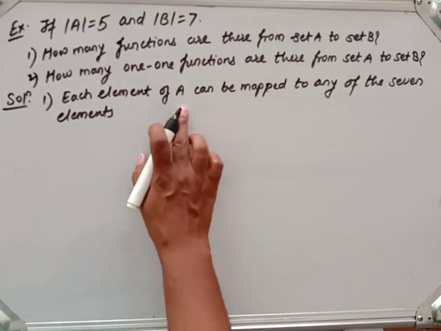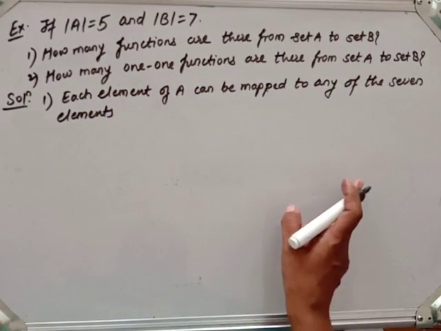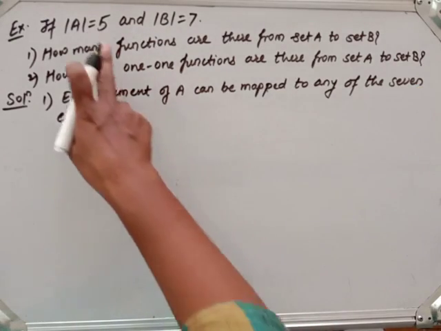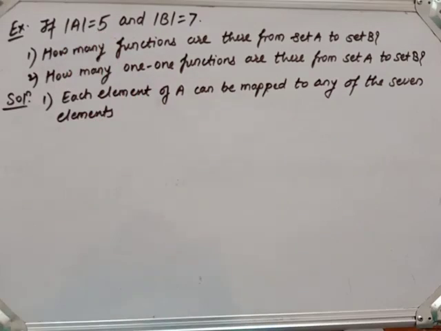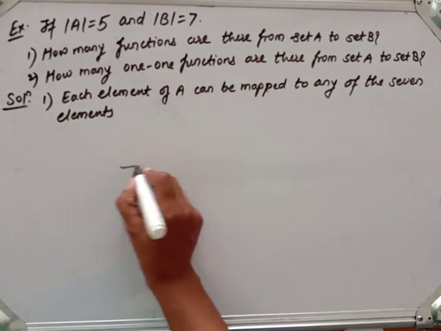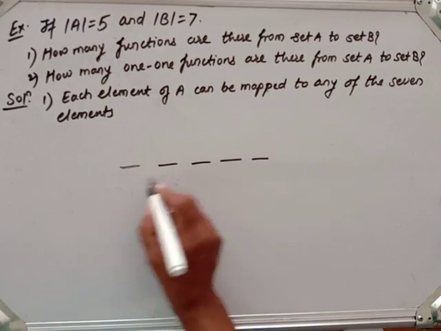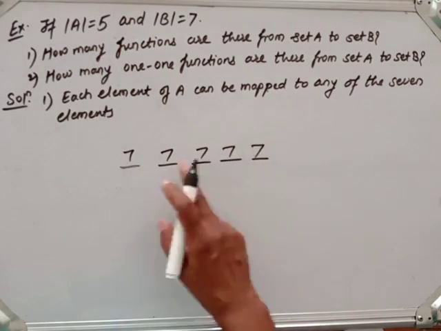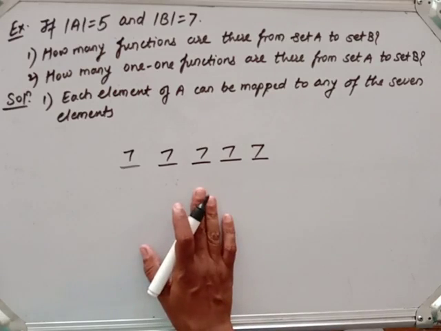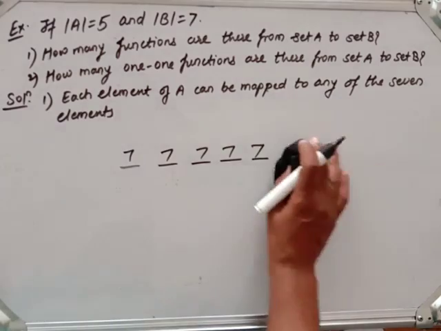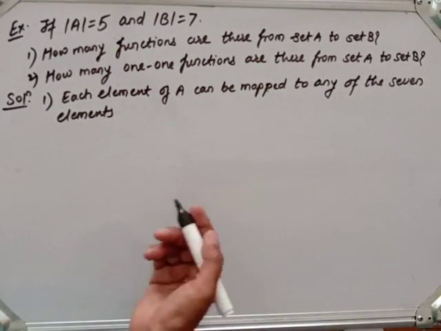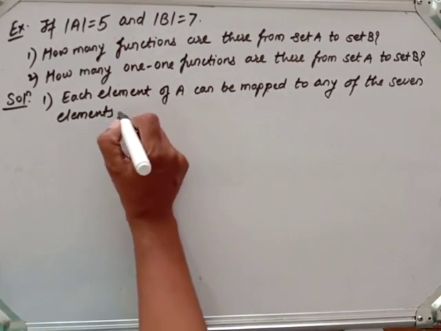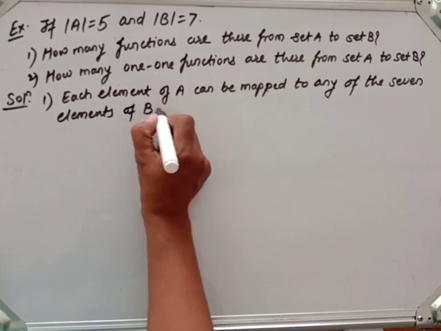Means each element of A has how many choices? 7 choices. And A has how many elements? 5 elements. So each has 7 choices. So these are 5 elements. Each has 7 choices. It can be mapped to 7 elements. Therefore, total number of functions from set A to set B are what? 7 raised to 5. 7 elements of B.